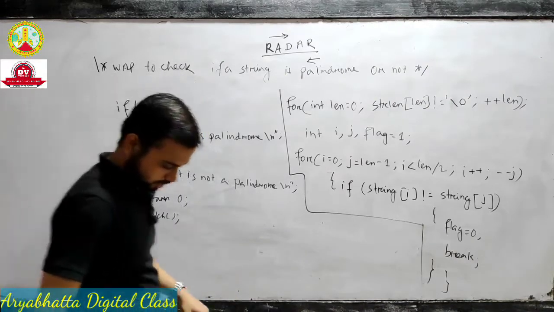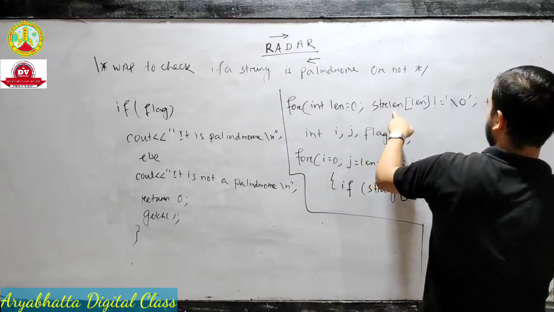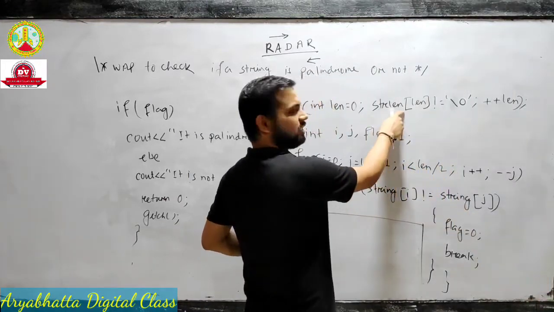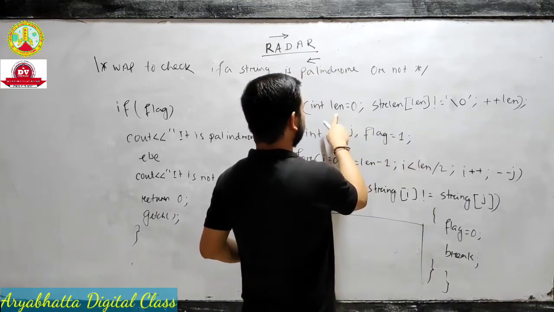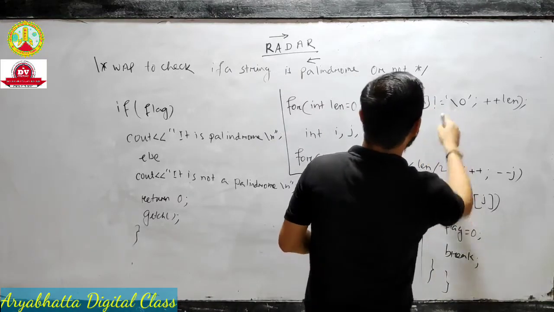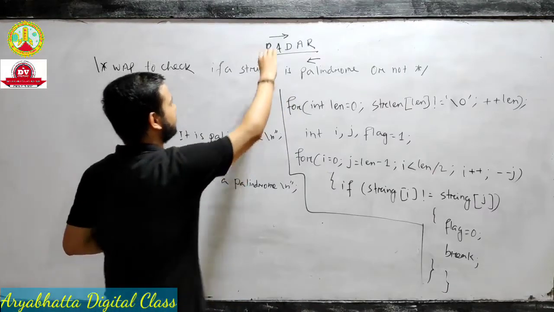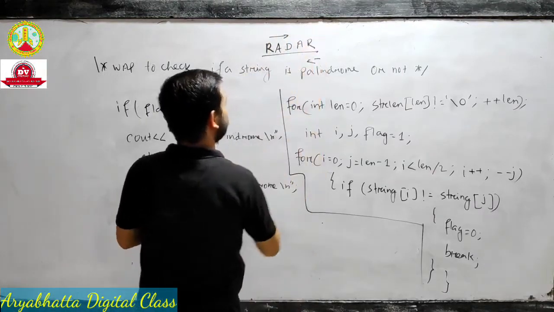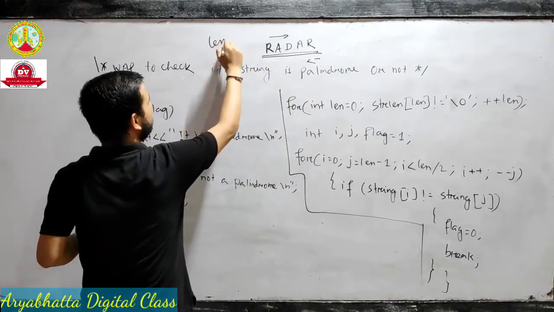See, for int len = 0, strlen is the function we know for the length of the string. len is the variable, which we take as integer data type. Not equal to \0 means up to the end of this string. What is the length of this string?